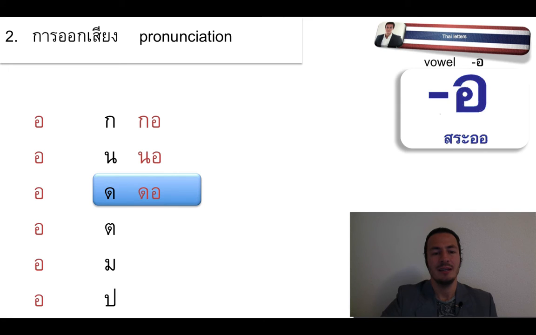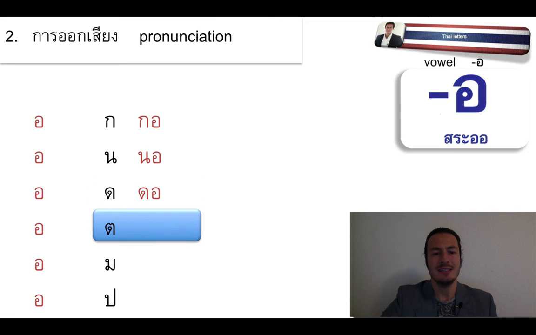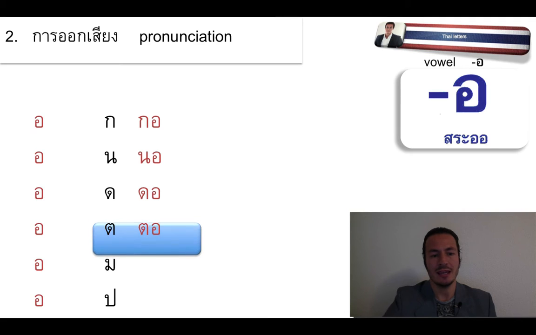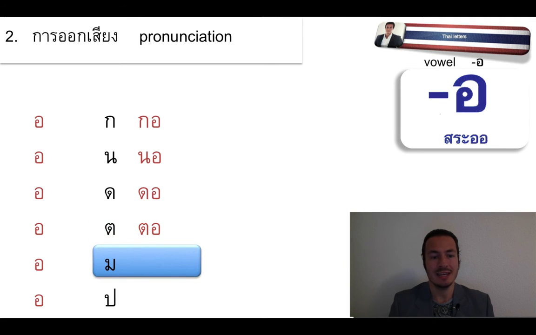Okay. ต เต่า plus sara again leads to, and repeat after me, da. Awesome. Okay. ม ม้า, the low class consonant introduced I think one or two lessons back, combined with sara leads to ma. Repeat after me, ma.